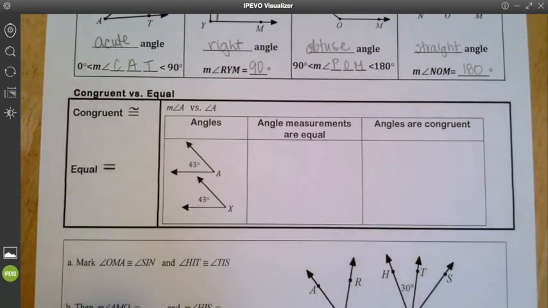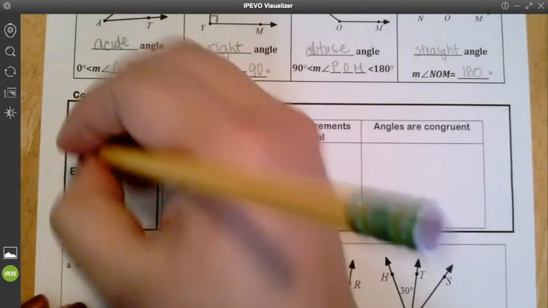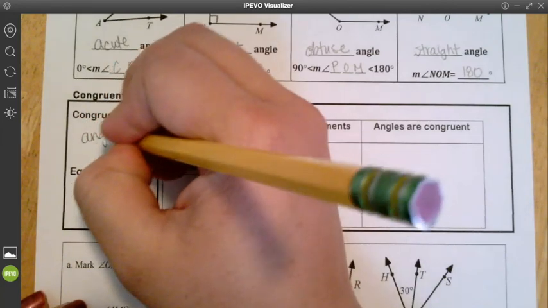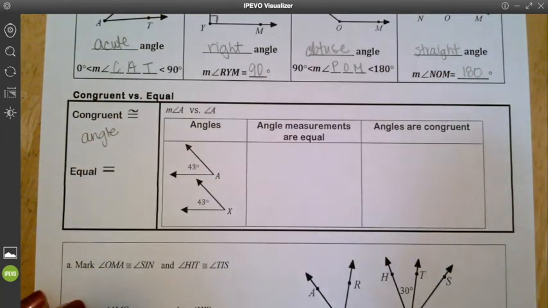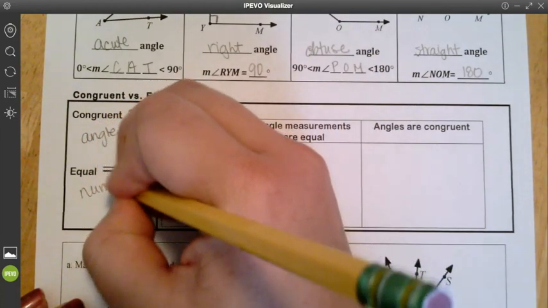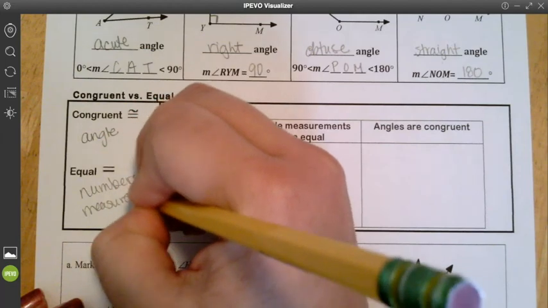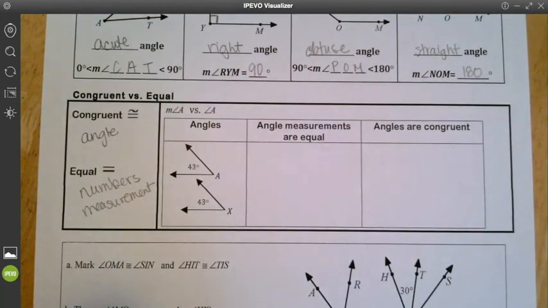So just like before, we have this difference between talking about things being congruent or equal. In this case, congruent, we're talking about angles now. So if an angle has the same measurement, the same size, then we call it congruent, whereas again, this is just numbers. So this is a measurement, and we can use the word equal.